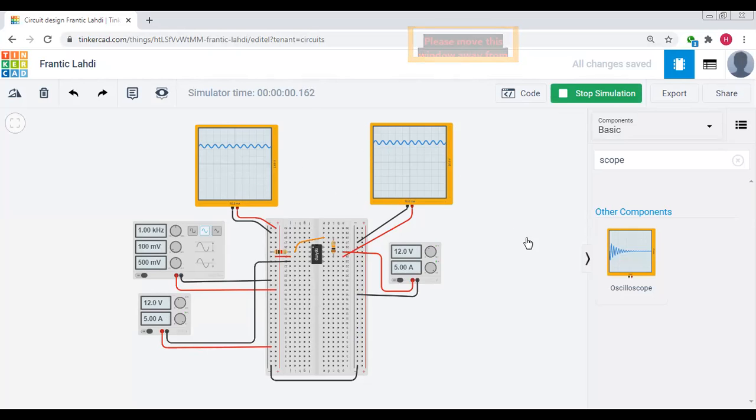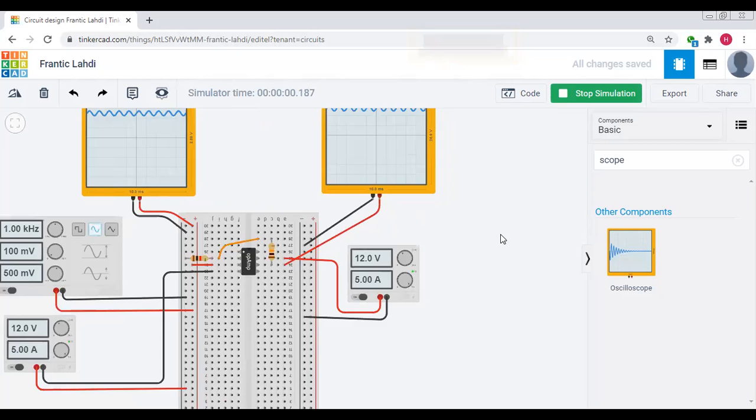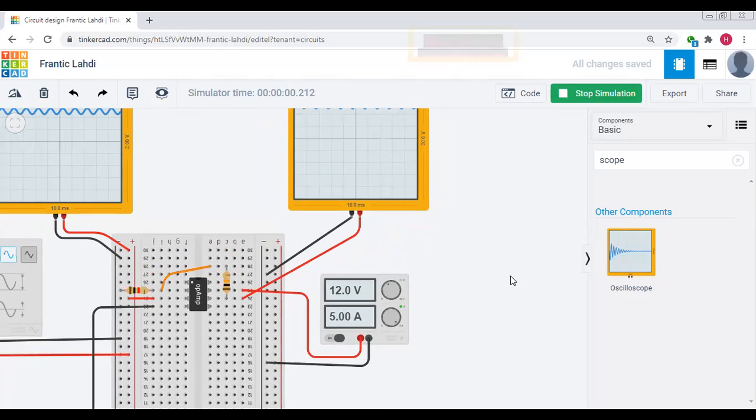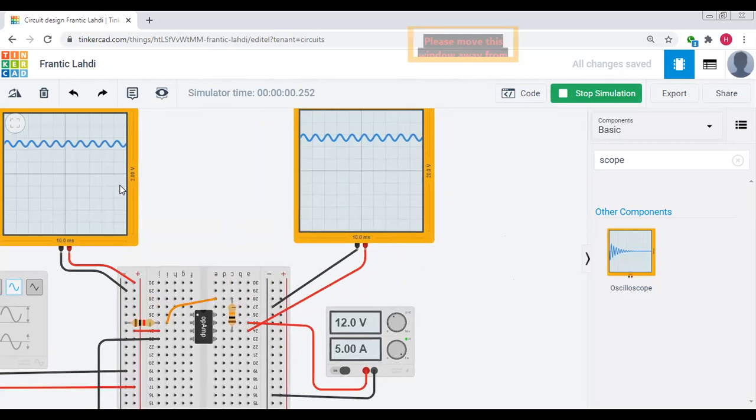As you see here, when I zoom the screen, we will find that this is our input supply, that is 2 volt. And this is our output voltage, that is amplified, and that is also in phase with the input voltage, and that is amplified relative to the input signal.